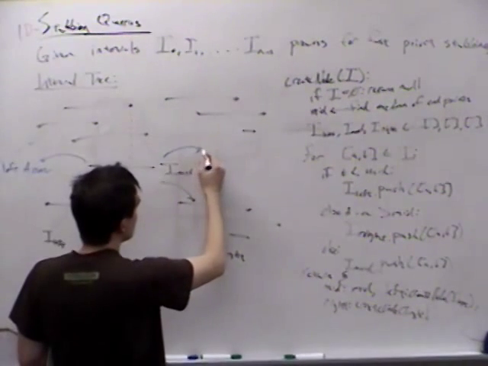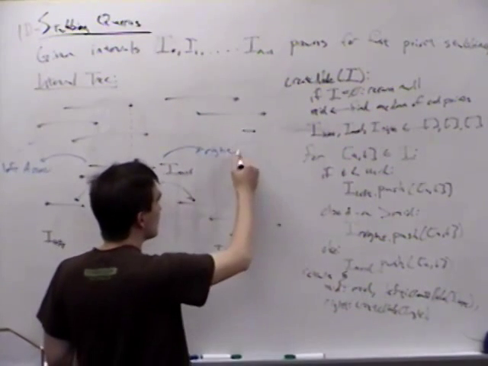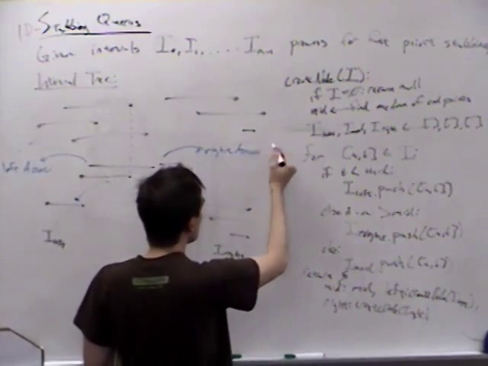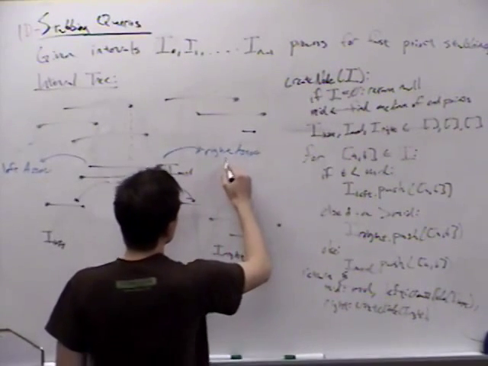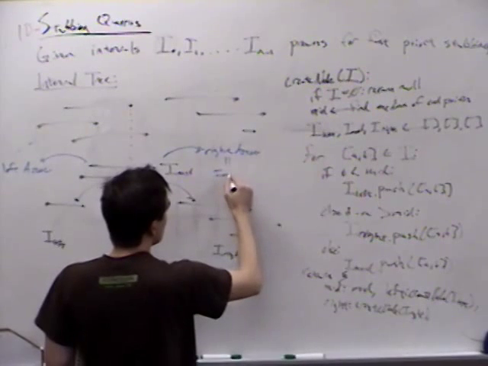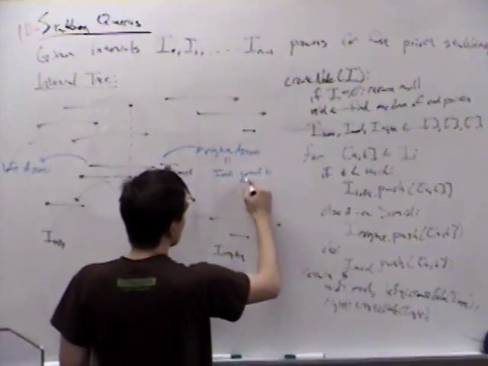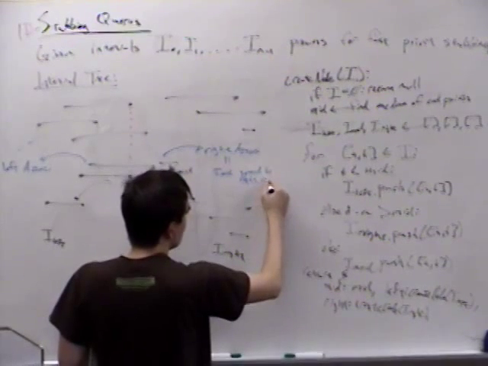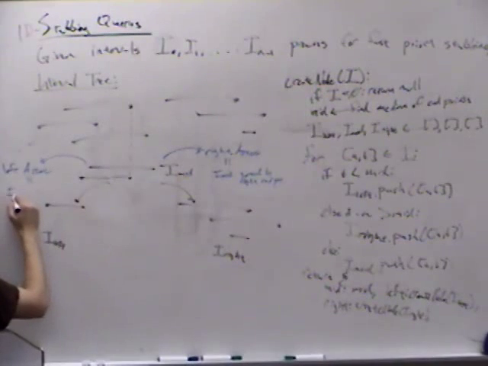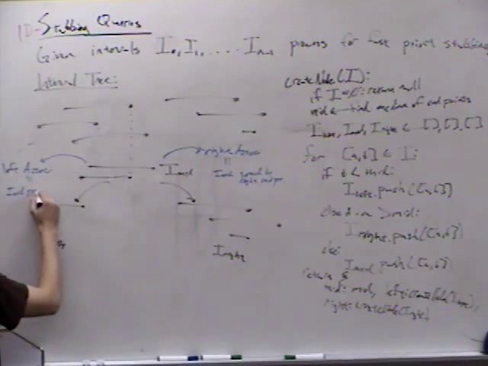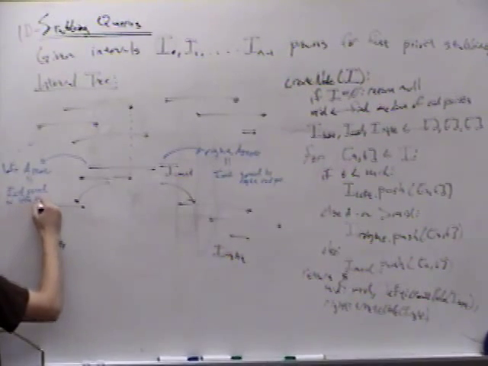We're also going to store another version for the intervals sorted by the right endpoint. This one is just I mid sorted by right endpoint, and this is just I mid sorted by left endpoint.